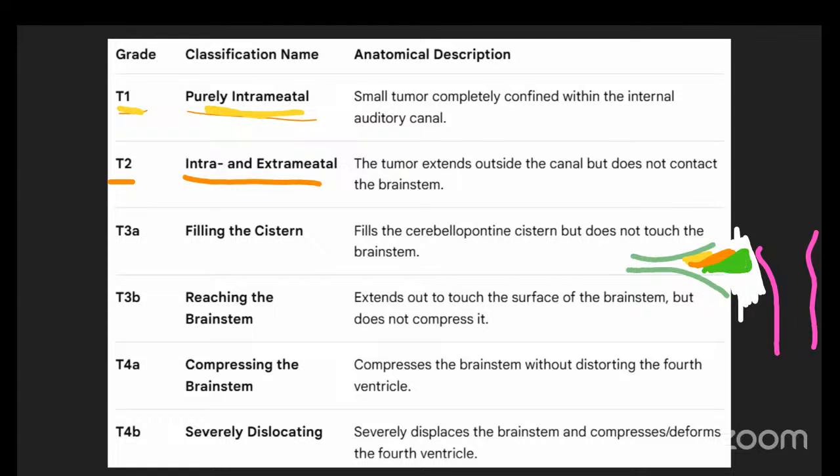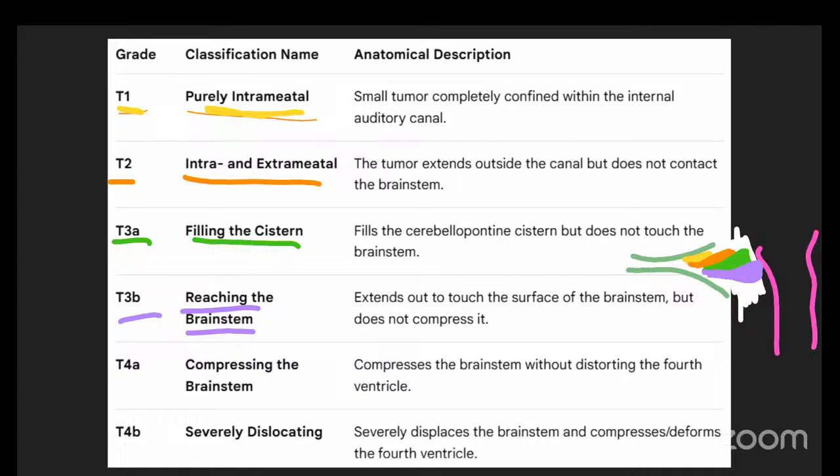And if you see T3B, it reaches the brainstem. So this lesion is going to be here, right at the periphery of the brainstem without compressing or displacing it.